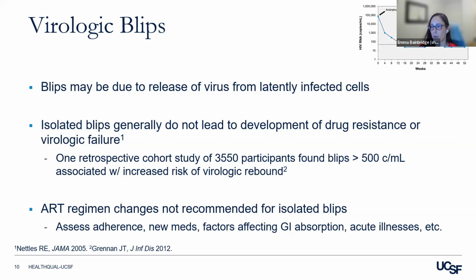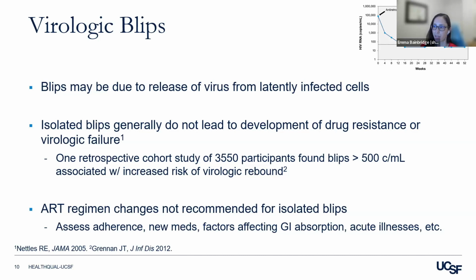And so past data has shown that isolated blips do not usually lead to development of drug resistance or virologic failure. I found an old study that looked at over 3,000 participants, and they found that blips greater than 500 copies per milliliter was associated with an increased risk of virologic rebound.